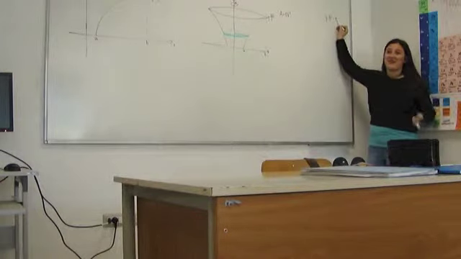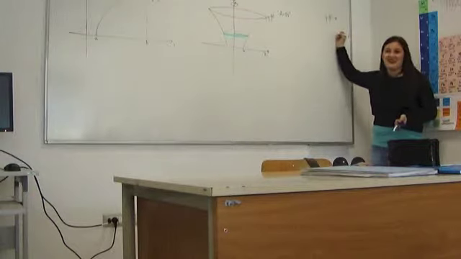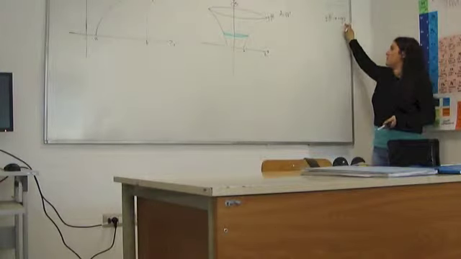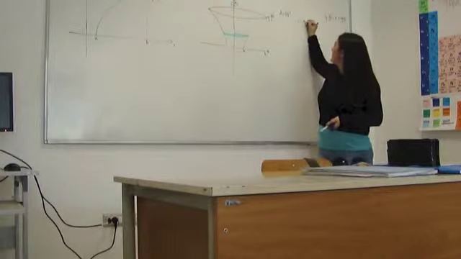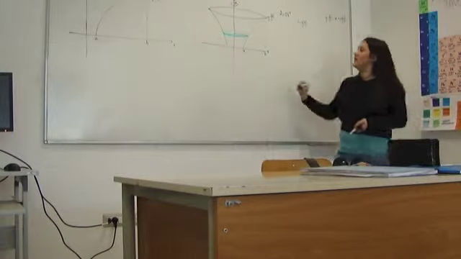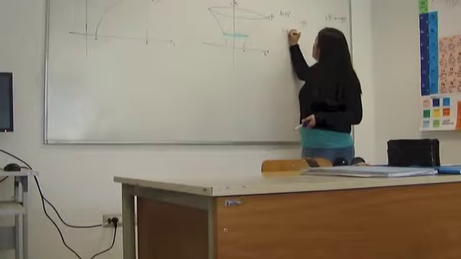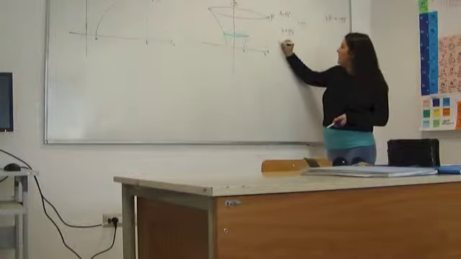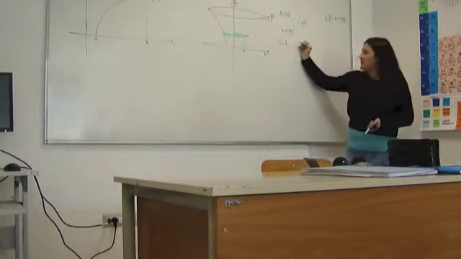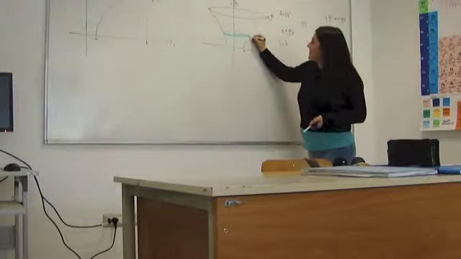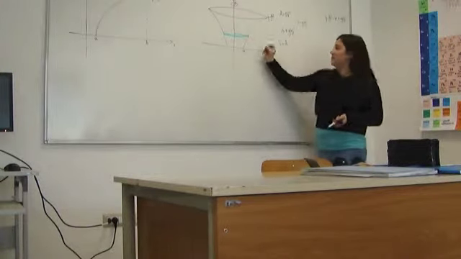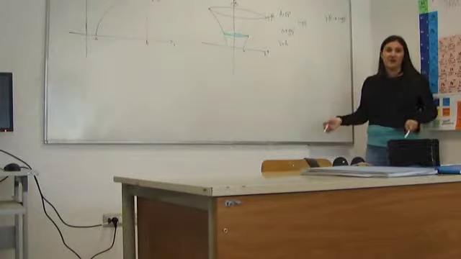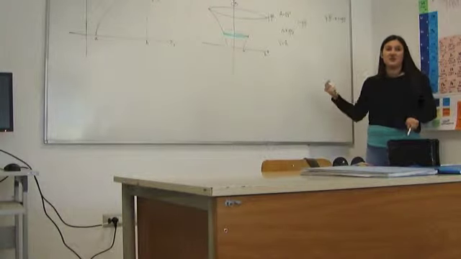This is how we write it in Canada. I don't know how you write it. So r is g of y, and so this is pi g of y squared, right? Now to find the volume, we need to multiply the area by the depth of the disk, which is going to be in terms of x or y? Y. So it's going to be dy.